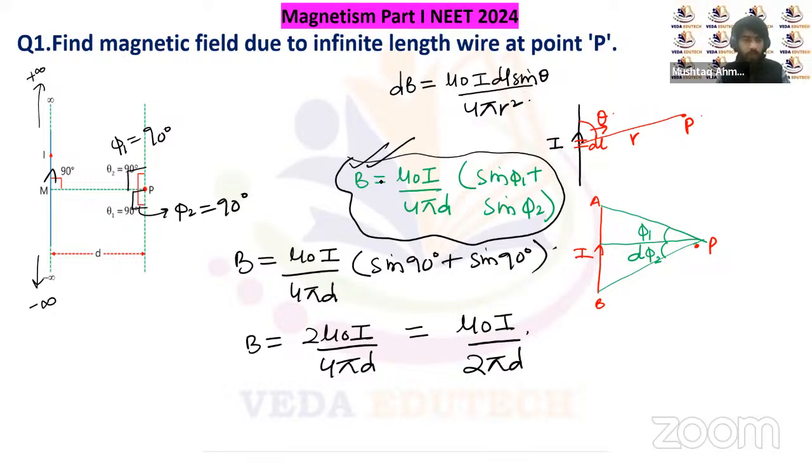Now talking about the direction of this magnetic field, if we place the thumb along the direction of the current, then at point P the magnetic field will be into the plane of this paper, or we can represent that magnetic field with a cross, right?